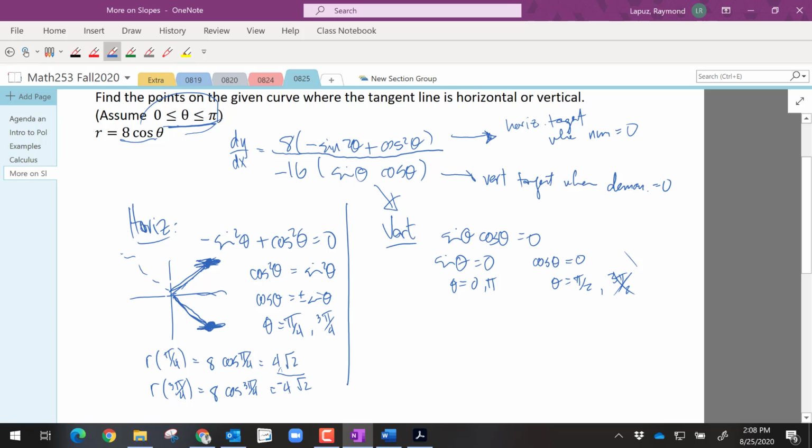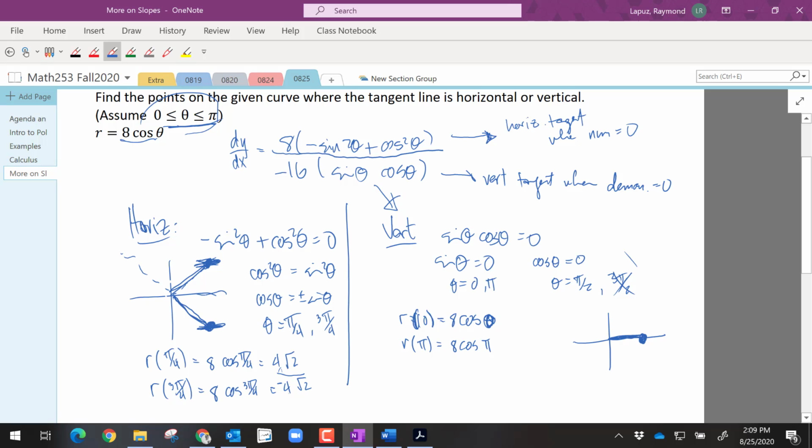Okay. So when does that happen? Let's put these values into the r function. r of 0 is 8 cosine 0. And what is that? A 0 angle would be this, and then 8 would be somewhere over here maybe. r of pi is going to be 8 cosine of pi.